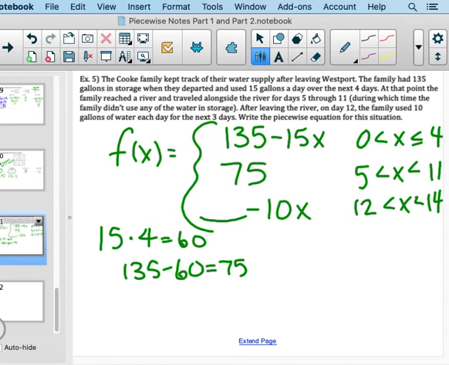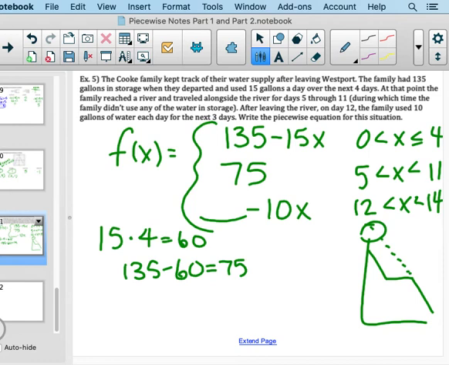Does anyone have a starting point there? So it's not going to be 75, right? But it's this idea that I had a graph that was decreasing, and then it was horizontal, and then it started decreasing again. If I extended that up, I want to know where I was, right?